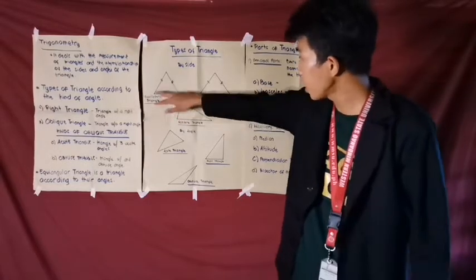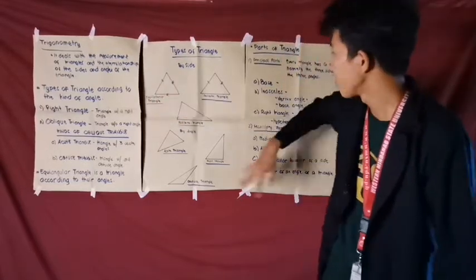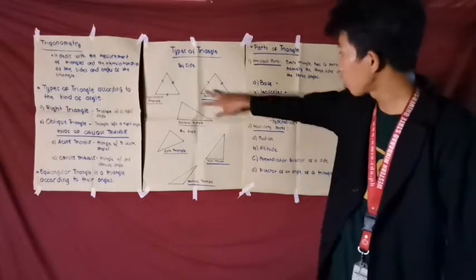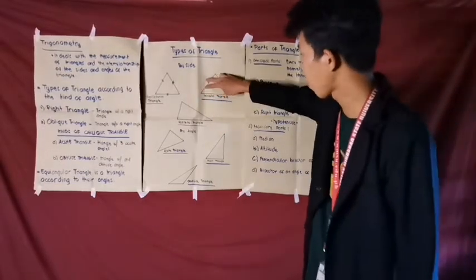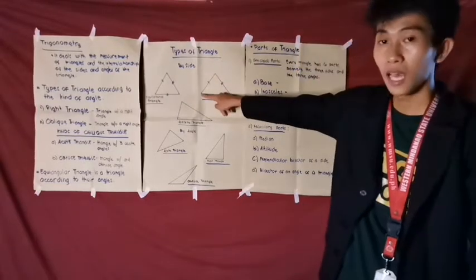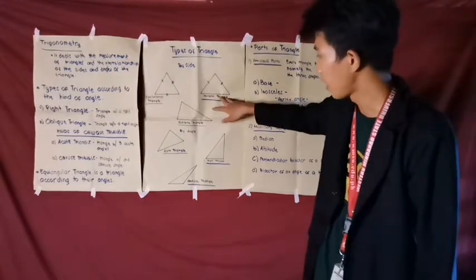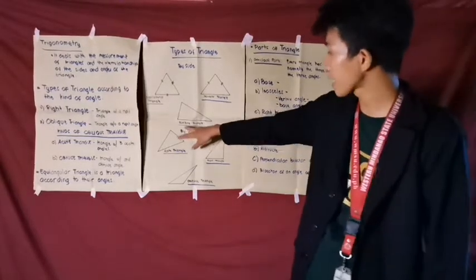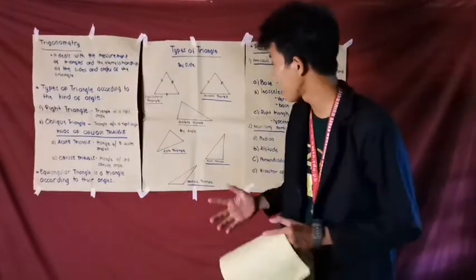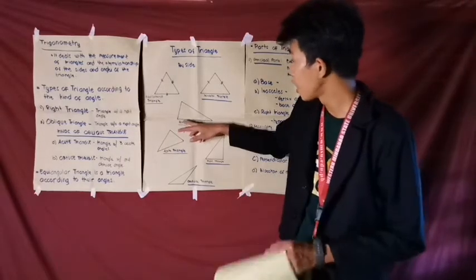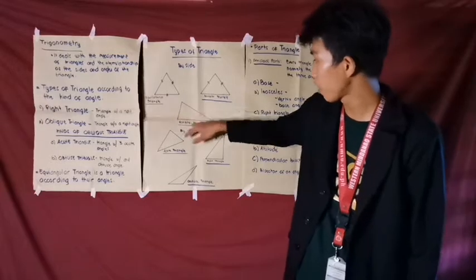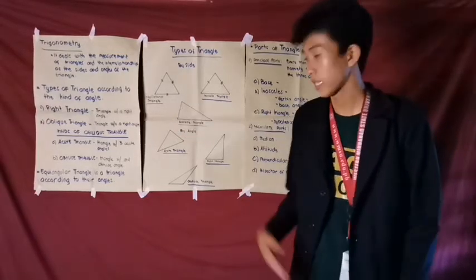The isosceles triangle has two sides that are equal, while the other side is not equal. The scalene triangle has no equal sides. The 3 sides of these triangles are not equal.